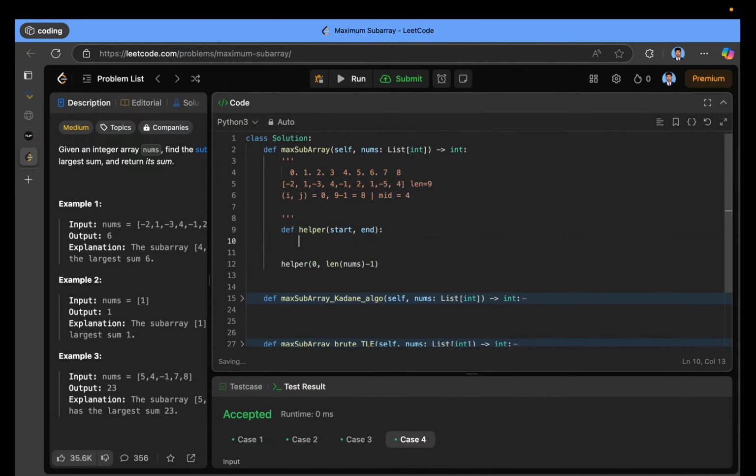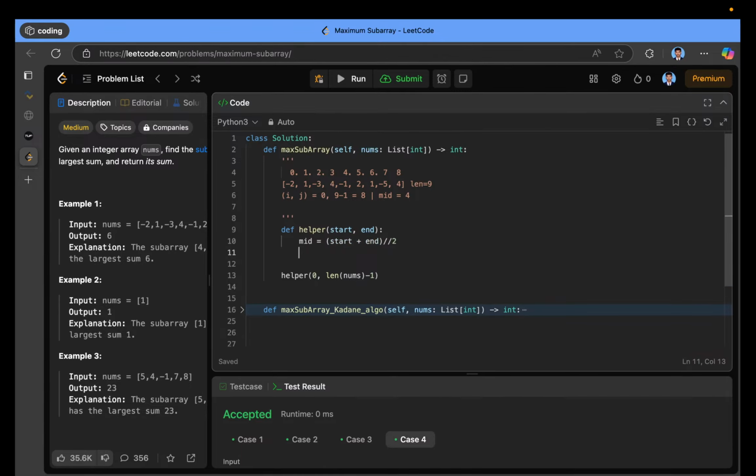Then after this, I have to find the mid. For mid, we'll take start plus int of (end minus start) by 2. This gives me mid. After finding the mid, I have to make a for loop in range.